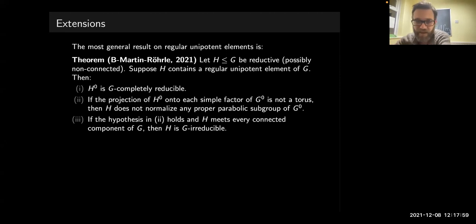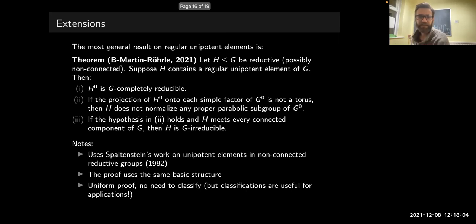Anyway. Okay, so this is the most general result we were able to write down in this setting. As I say, you need to know what a regular unipotent is in a disconnected group. So this goes back to work of Spaltenstein from the early 80s, which I certainly didn't know about before starting on this project. So that was a nice piece of reading for me. But there is a notion.